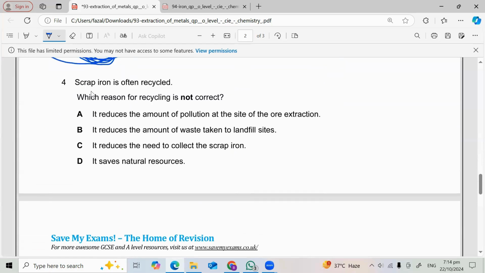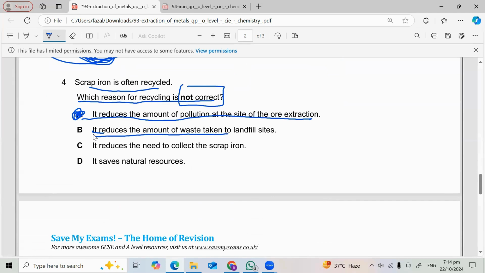Now let's move on to four. Scrap iron is often recycled. Which reason for recycling is not correct? So let's see the first reason. It reduces the amount of pollution at the site of the ore extraction. So this is correct, okay? Now because it's asked which is not correct, it reduces the amount of waste taken to landfills. So this is also correct.